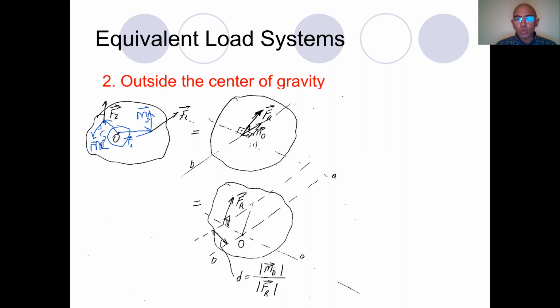So you will see that all the moment vectors are in the plane, as are the position vectors. Certainly the resultant moment vector will be inside the plane, and it will be perpendicular to the FR.